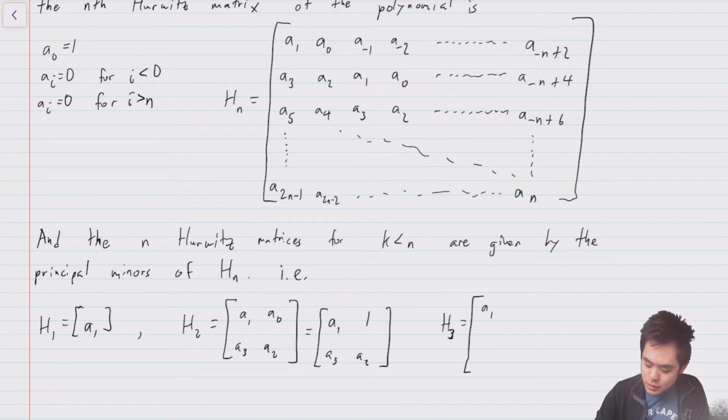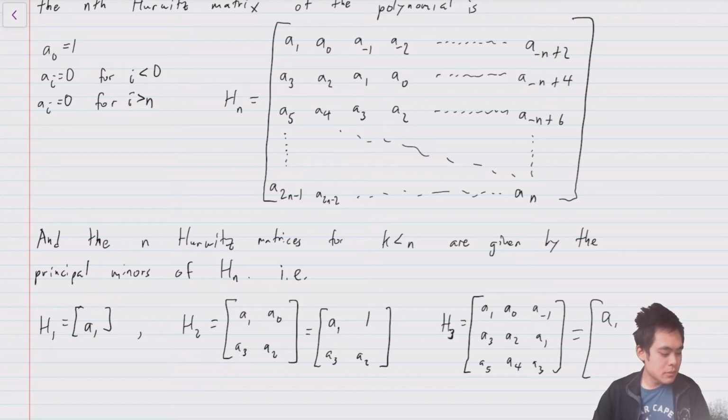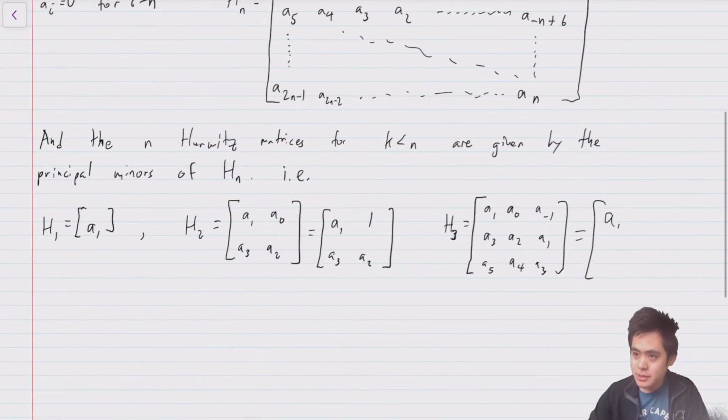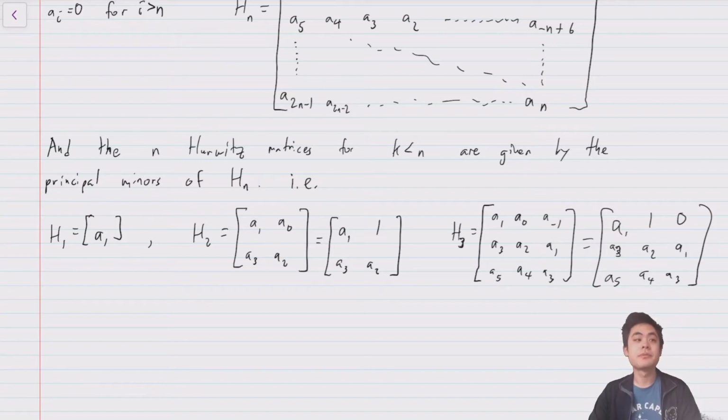That's going to be a1, a0, a(-1), a3, a2, a1, a5, a4, a3, which is going to be equal to a1, 1, 0, a3, a2, a1, a5, a4, a3, and so on.